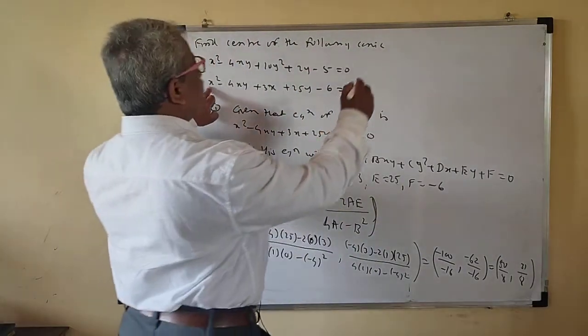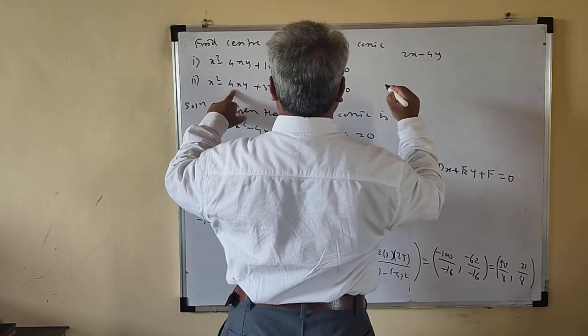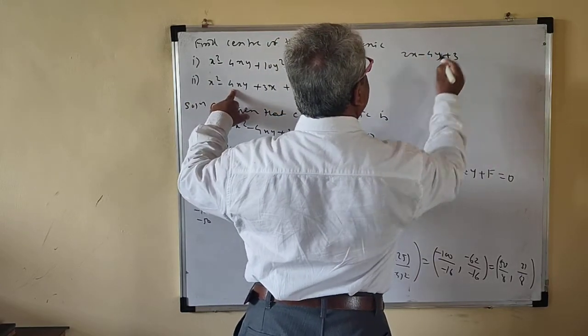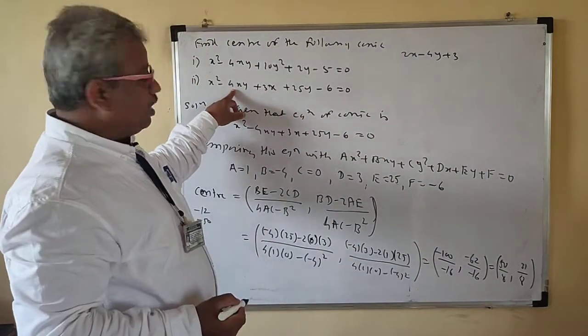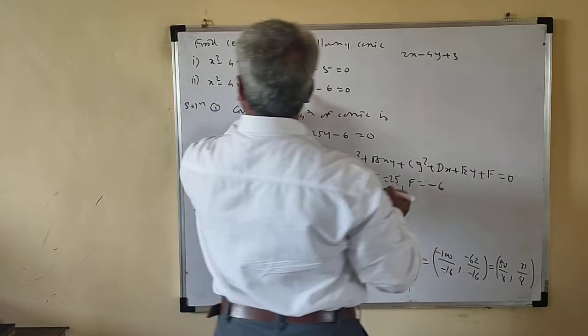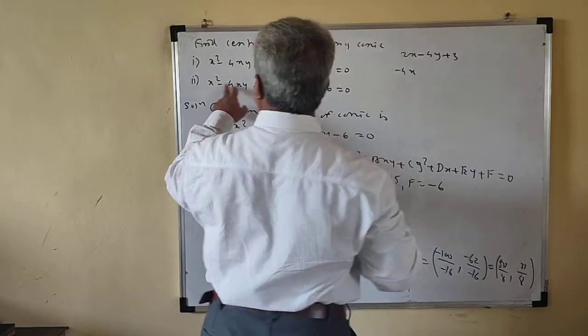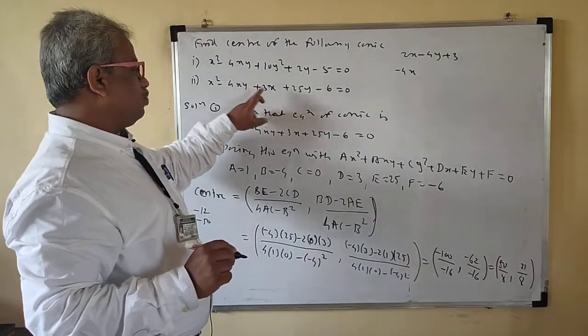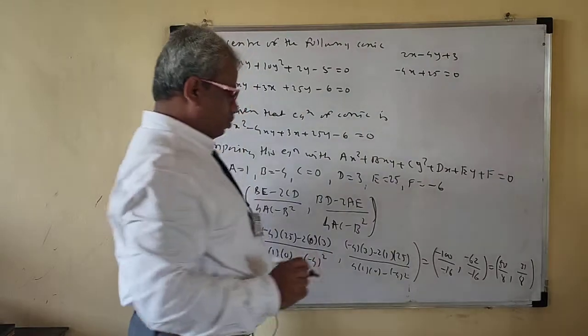Okay, so we'll check if this center is correct or not. So we differentiate this. This is twice x minus 4y plus 3. If you put that point here and it is 0, then we are through. Then we differentiate this with y: minus 4x plus 25 is equal to 0.